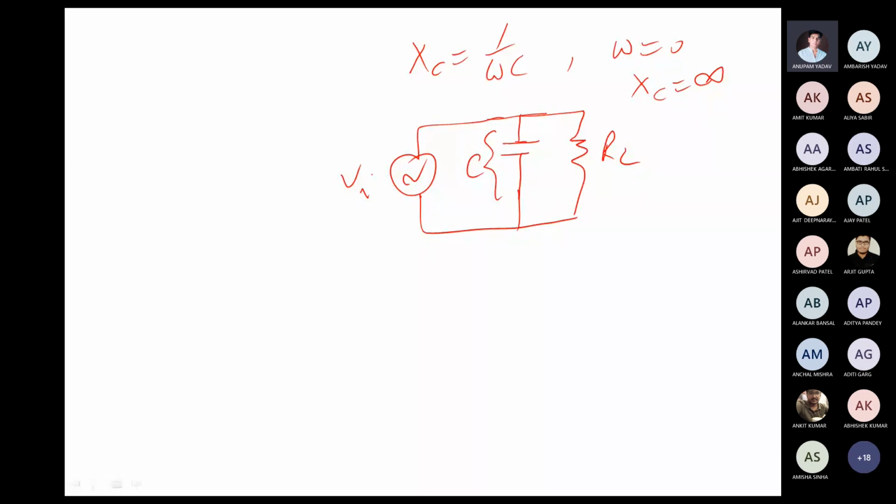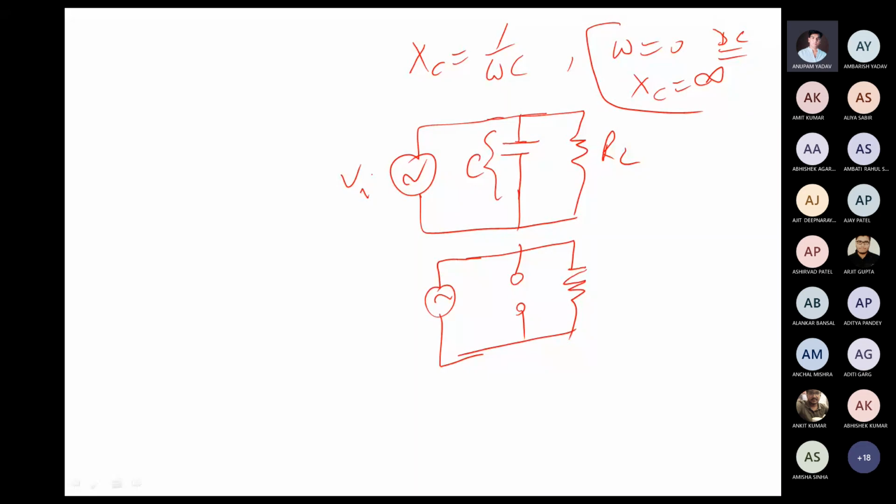This is for the DC signal. So for a DC signal, it will appear as if there is no capacitor at all. So our equivalent circuit will seem to be like this.